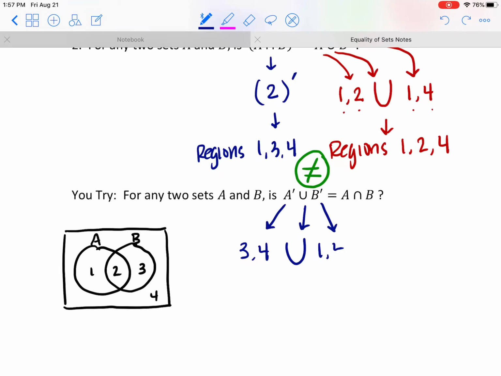If I unite these two groups, then we are looking at regions 1, 3, 4.